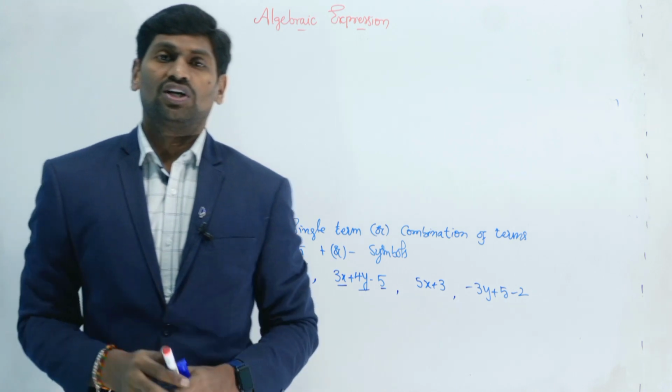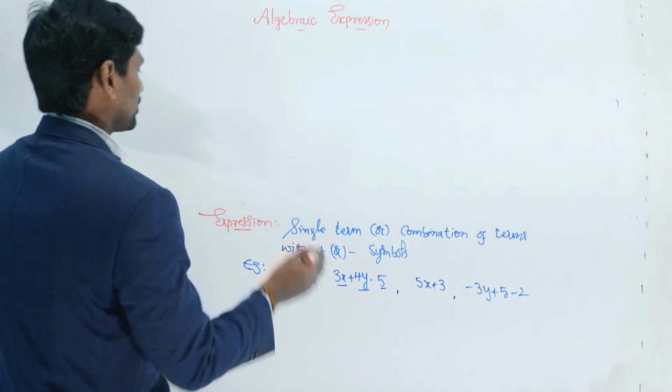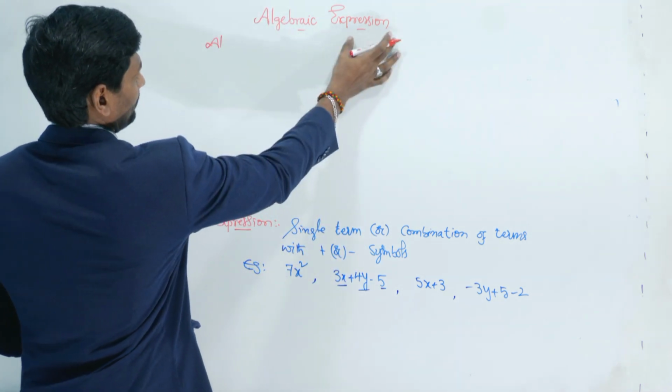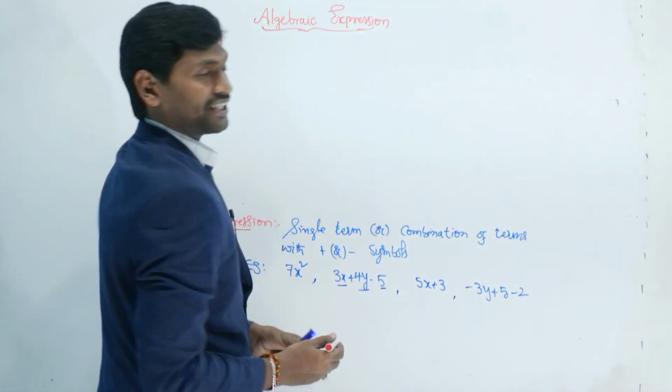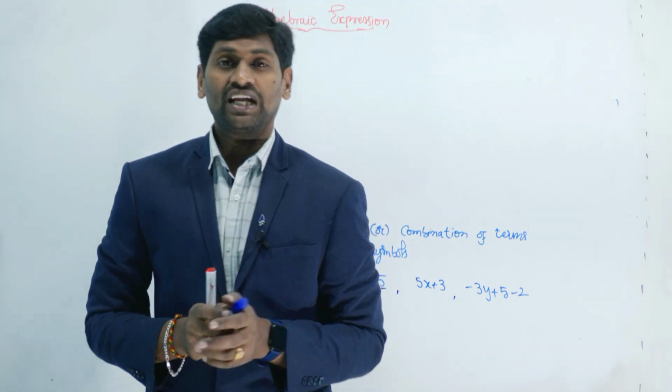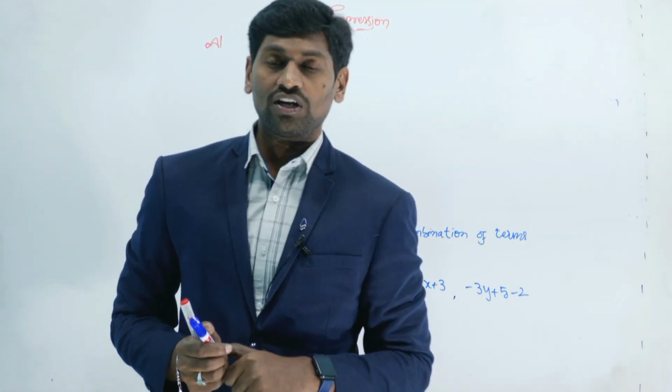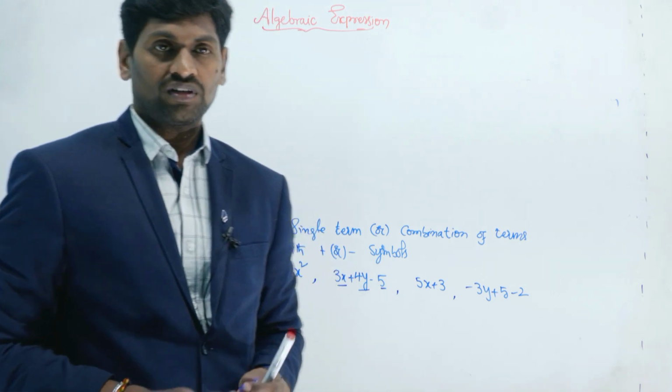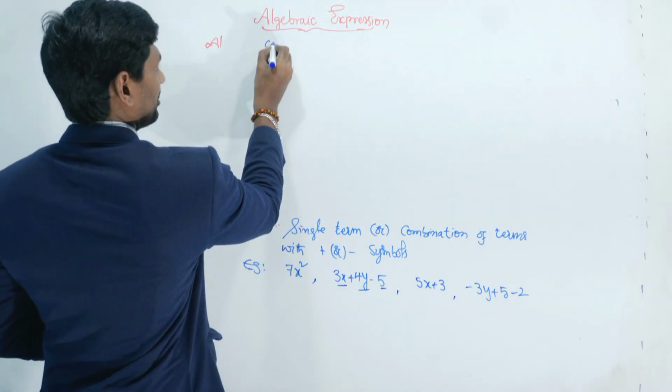So, expression you got. Next one is algebraic expression. What is an algebraic expression? An expression containing at least one variable is called an algebraic expression.